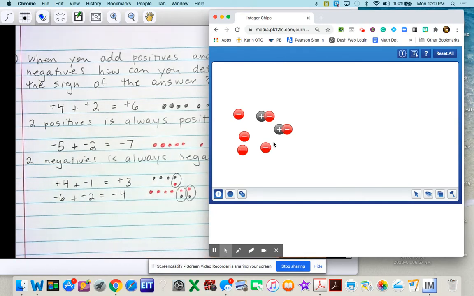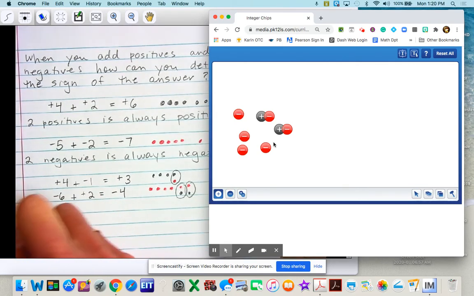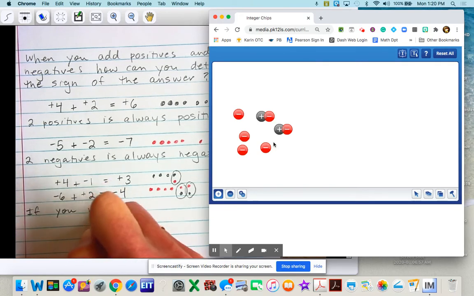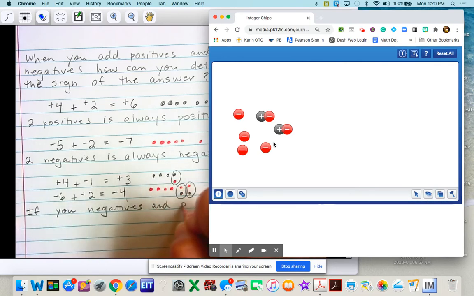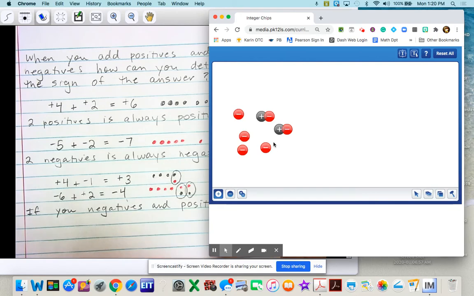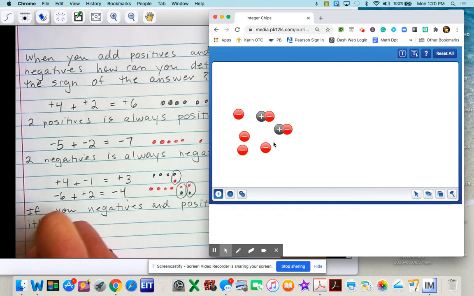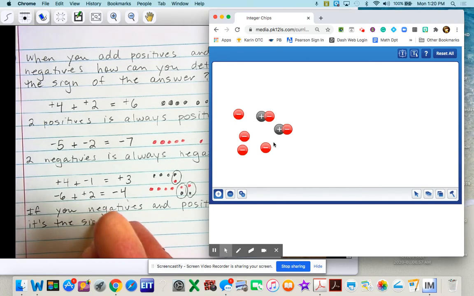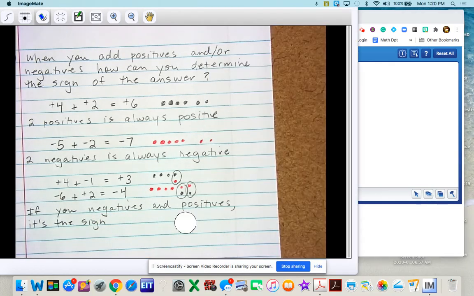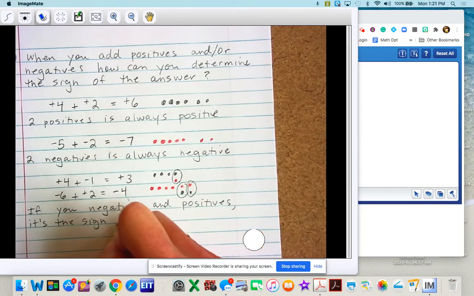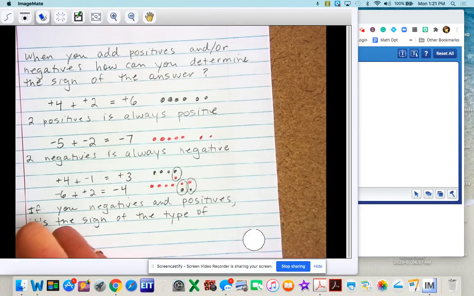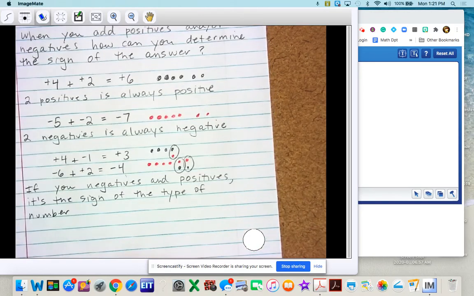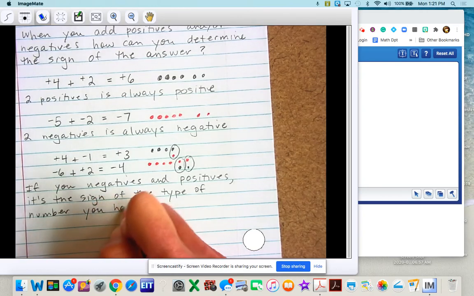So if you have negatives and positives, it's the sign of the type of number you have more of.